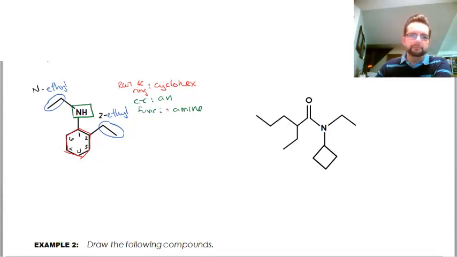I'm going to put this all together. So I'm going to list my substituents. So I have ethyl groups, right? And we need to say where they are. So one ethyl group is on the nitrogen, the other is on carbon number 2 of my ring. This is N,2. Oh, and I forgot, since I have more than one substituent, I need a multiplier. Let me just erase that.